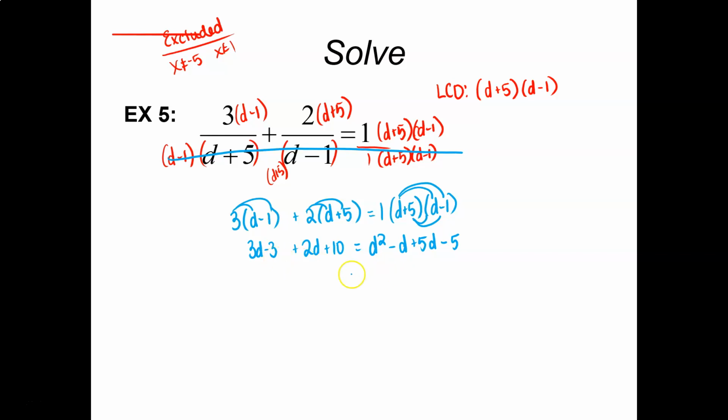And let's combine some like terms on each side. So we'll have 5d plus 7 equals d squared plus 4d minus 5.